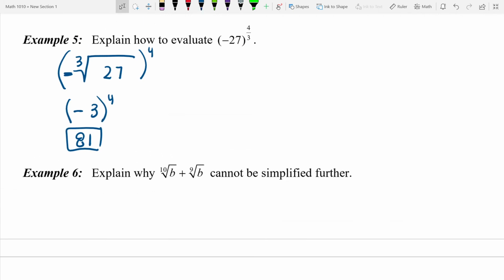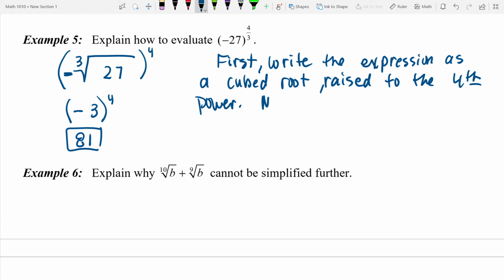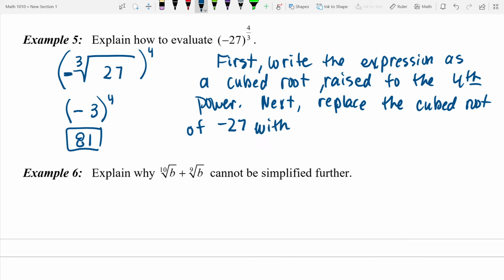Okay. Now they're explaining how to write that. So they say explain. So I'm going to say first, write the expression as a cube root raised to the 4th power. Next, comma, replace the cube root of negative 27 with negative 3.